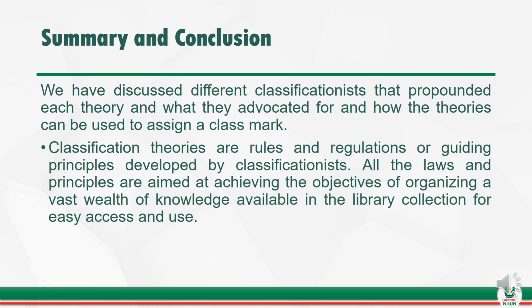So classification theories are rules and regulations or guiding principles developed by classification. The laws and principles are aimed at achieving the objective of organizing library materials for easy access and use.